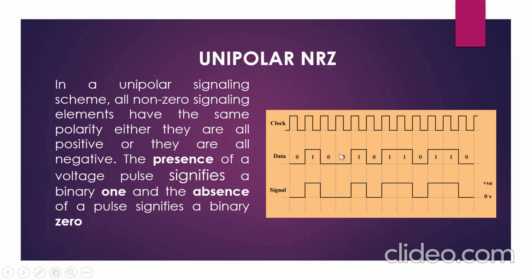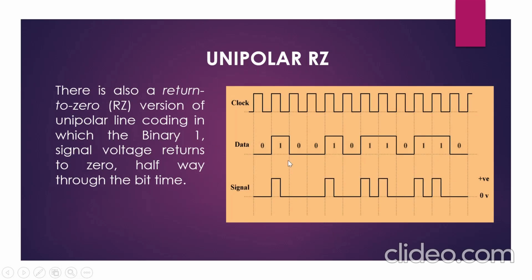Again 0 voltage represents a 0. Then there is a transition to 1, the highest, a positive voltage, which represents a 1. Then there is a downward transition to 0 voltage representing a 0. Then an upward transition to a positive value representing 1, again 1, 0, and so on. Then there is unipolar RZ. Here we'll be returning to 0 in the middle of the bit time.